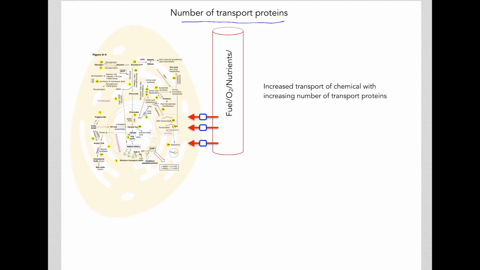So if a cell wants to get more of a chemical, if it wants more glucose, it can always increase the number of glucose transport proteins, and therefore more glucose will enter the cell. And if it wants less glucose, it can always decrease the number of glucose transport proteins, thereby decreasing the amount of glucose that enters the cell.